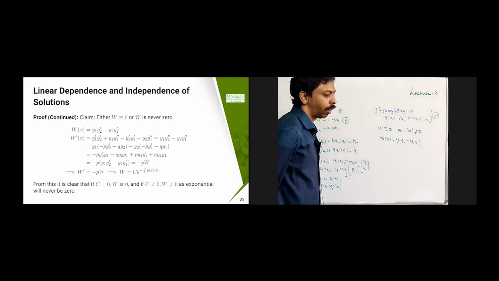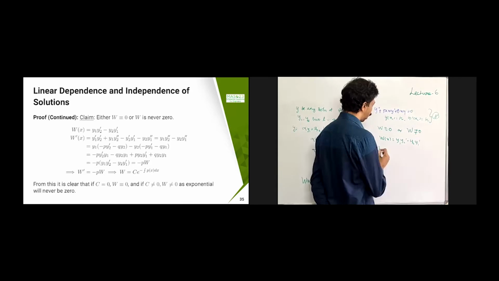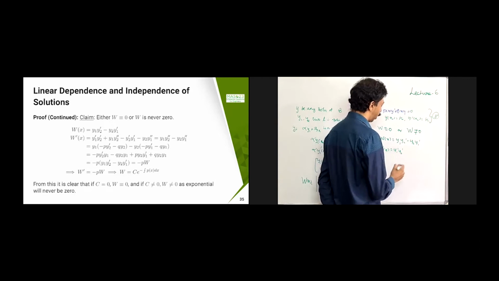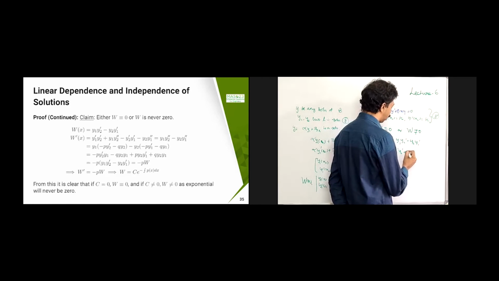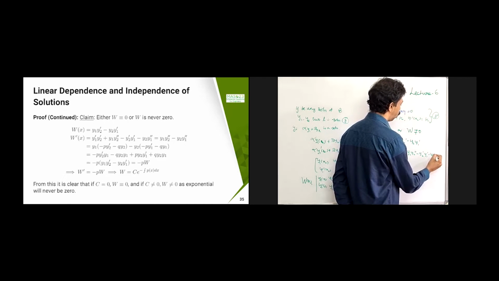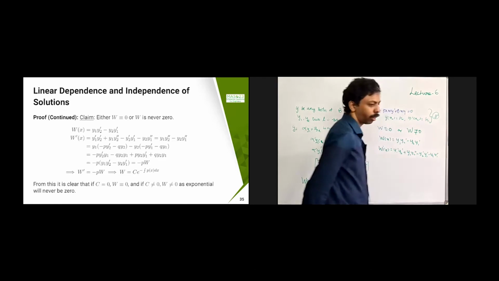Now what is W dash of x? W dash of x is going to be y1 dash y2 dash plus y1 y2 double dash minus y2 dash y1 dash minus y2 y1 double dash.